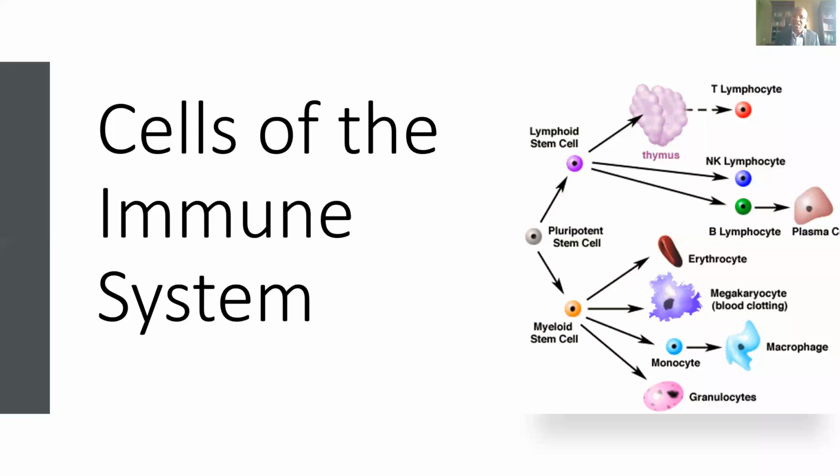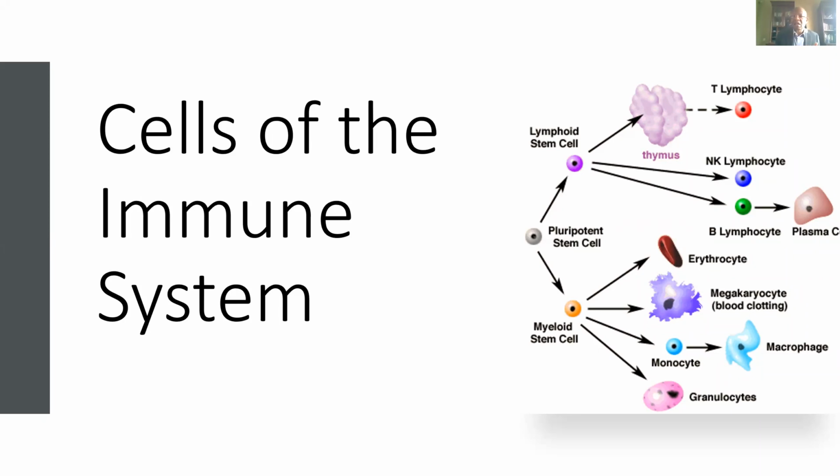Now, the two pathways which the hematopoietic stem cells can use: one is the lymphoid stem cells, which will make the T lymphocytes, natural killer cells, and innate lymphoid cells.